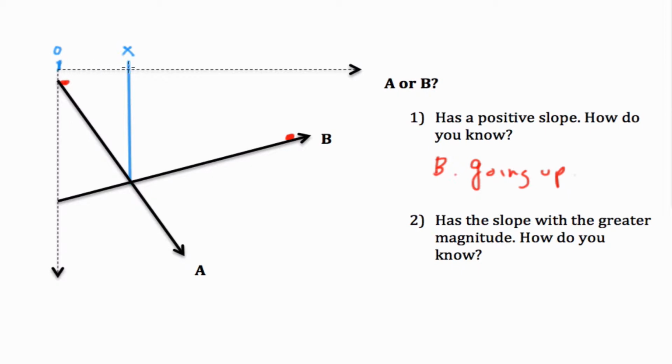So in this interval from 0 to X, both of these lines, A and B, traveled some distance along the vertical axis. And let's look at what A did. A started here, and it ended up here in this interval of X. So this is where line A started initially.